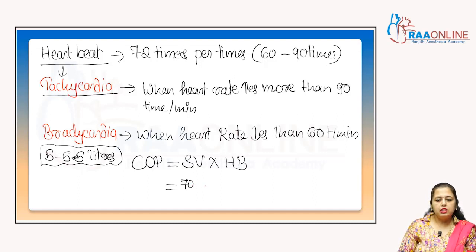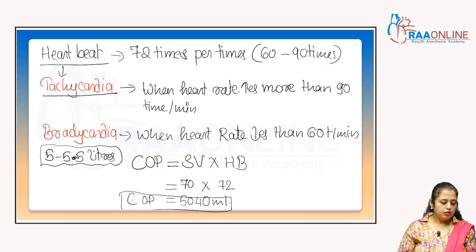So we can take 70 here, and heartbeat per minute is 72. When we calculate it, it is approximately 5040 ml per minute. So per minute the cardiac output is that. Clear? This is the cardiac output.